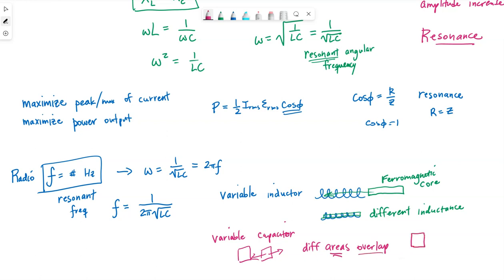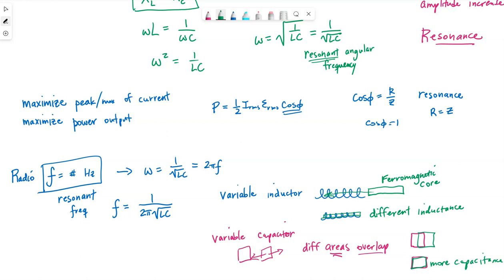So we could have one plate here and the other overlap halfway, or both plates overlap perfectly. That would be different capacitance. If the plates overlap perfectly, we have more capacitance. So we're talking resonance whenever we have a circuit that is receiving a frequency, an electromagnetic wave, by way of an antenna.